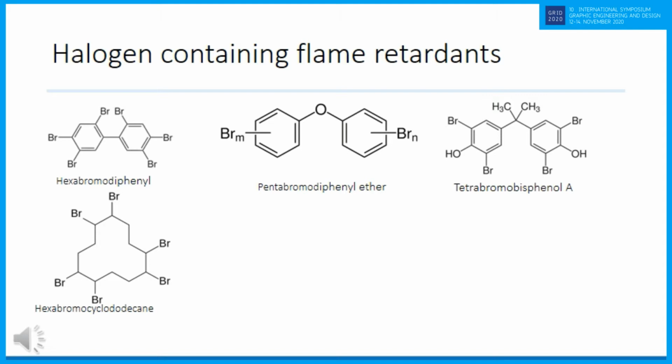Also, brominated flame retardants are used in insulation of wires and cables. What is more, they are also applied in fabrics such as curtains, seating, and furniture in transportation and public buildings. Halogen-containing flame retardants may work in the vapor phase or in the condensate phase.